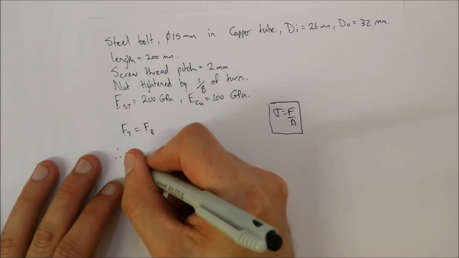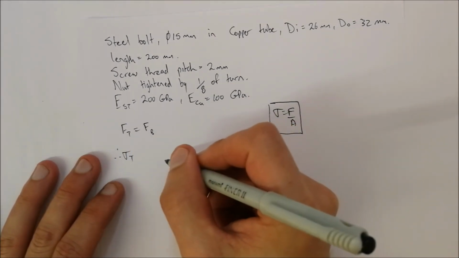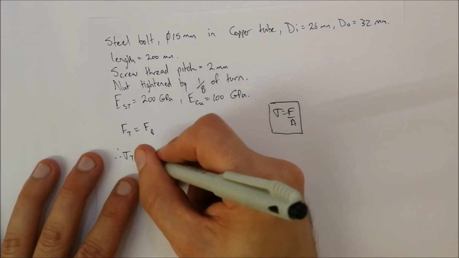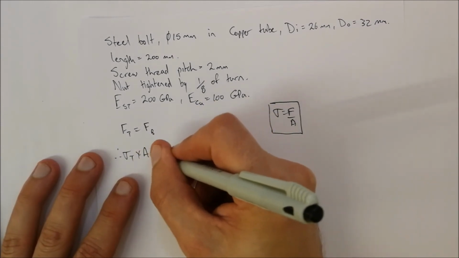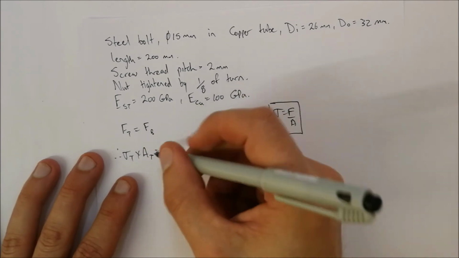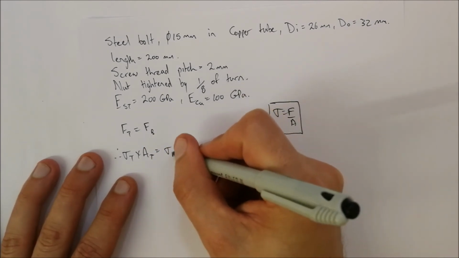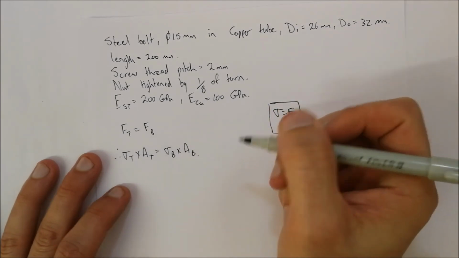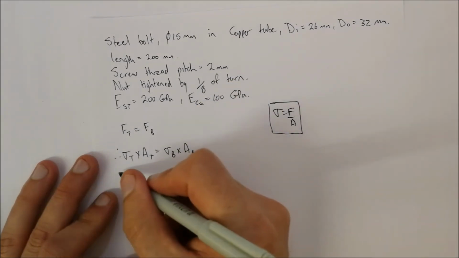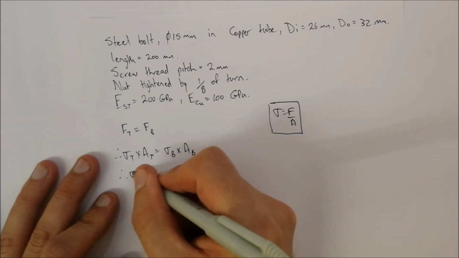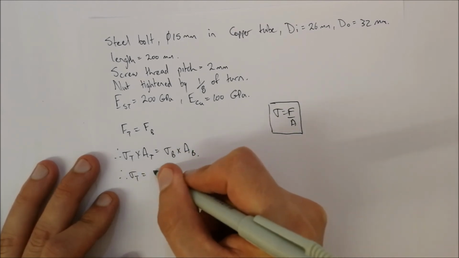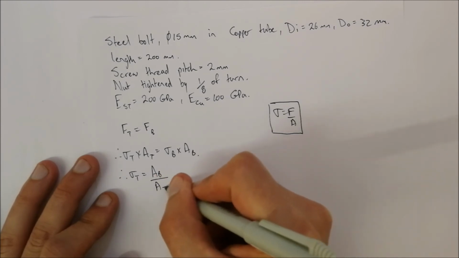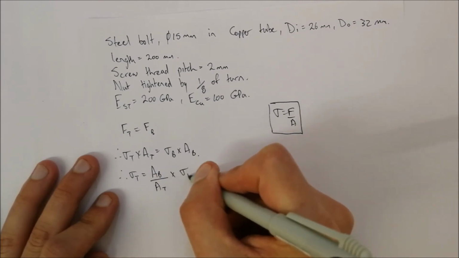So therefore, the stress of the tube multiplied by the area of the tube is equal to the stress of the bolt multiplied by the area of the bolt. Okay, so we manipulate that formula a little bit, and therefore we can say that the stress of the tube is equal to the area of the bolt over the area of the tube multiplied by the stress of the bolt.